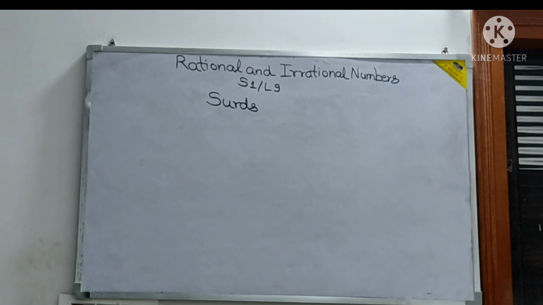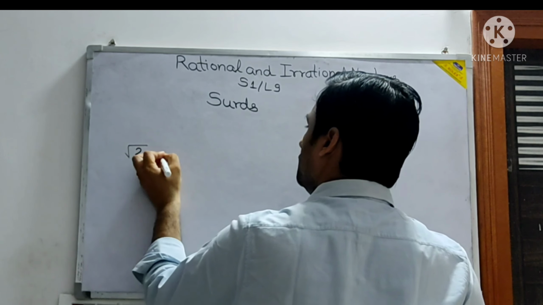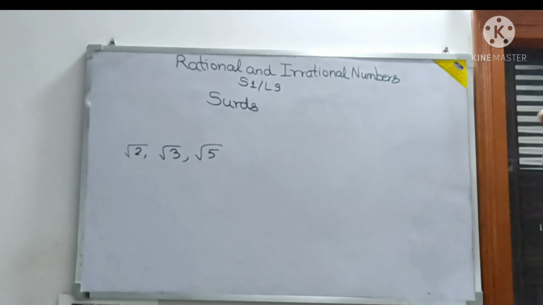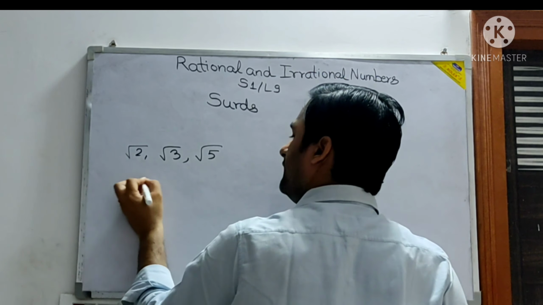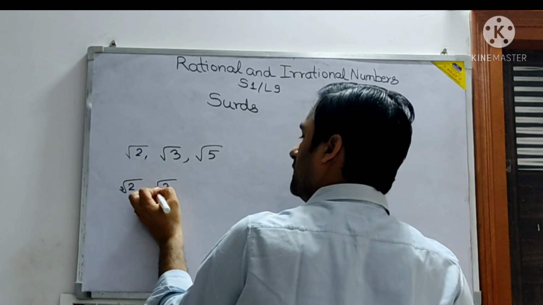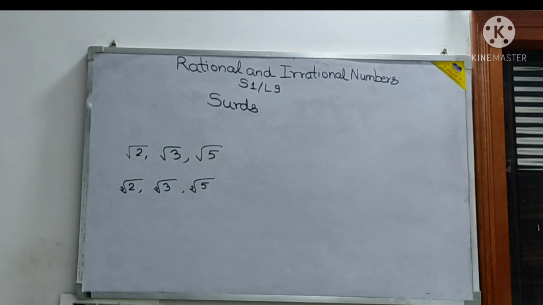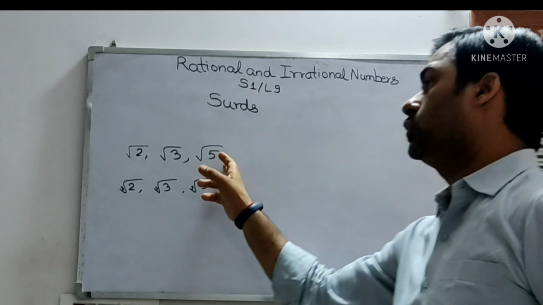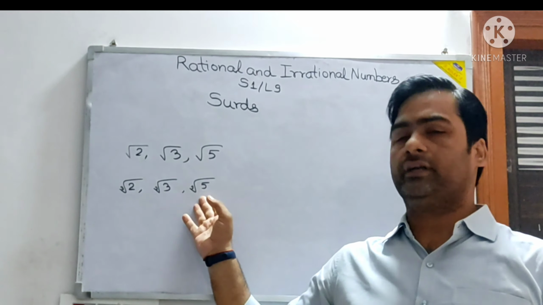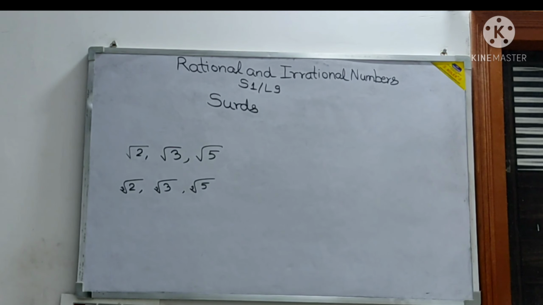Firstly, if we are knowing some irrational numbers like root 2, root 3, root 5, these are irrational numbers. Here by default 2 is written, but what if here it is third root of 2 or third root of 3 or third root of 5. Now you know by your knowledge from the chapters studied till now that these are irrational numbers. This we have not dealt with. Okay, so let me introduce surds to you.